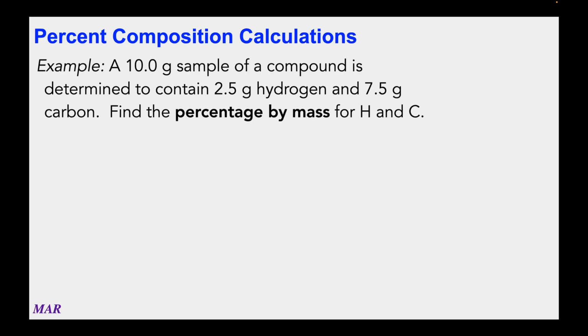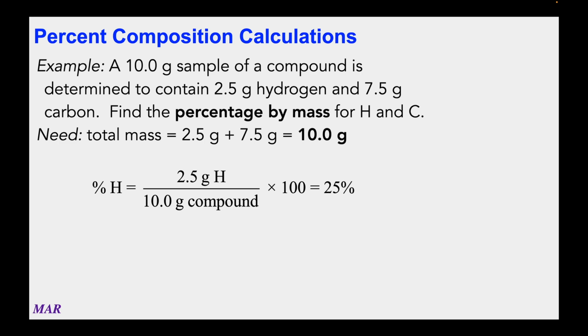For these percentages, what you want to do is take the grams of the good stuff in the numerator, the top, and divide by the total mass of whatever you're looking at in the bottom, and then multiply by 100%. So for hydrogen, that would be 2.5 grams of hydrogen, the thing we're looking at. We'll divide it by the total mass, which is 10 grams, multiply it by 100%, and this comes out to be 25% hydrogen. So our compound is apparently 25% hydrogen.